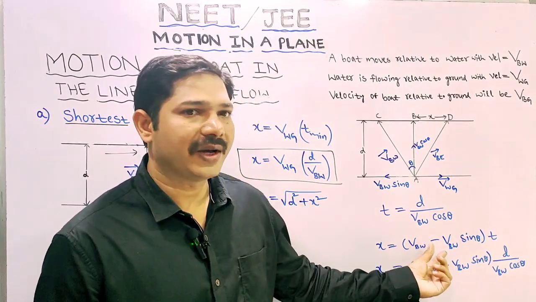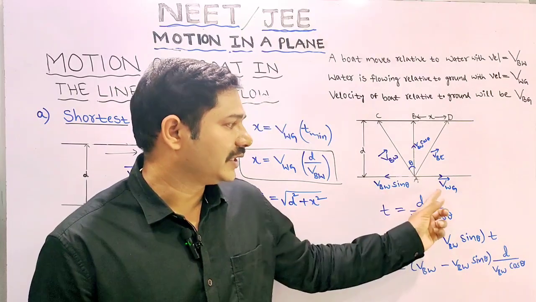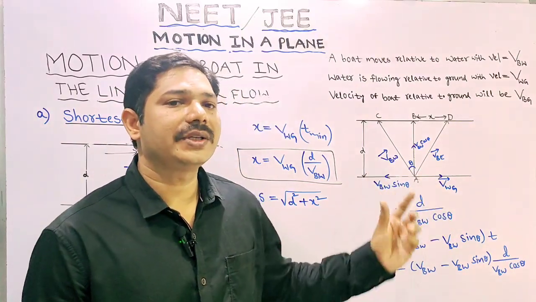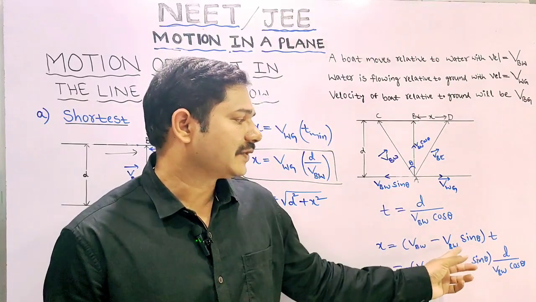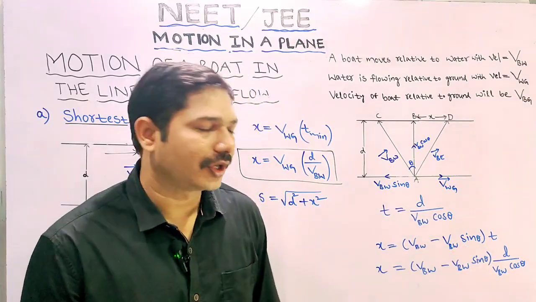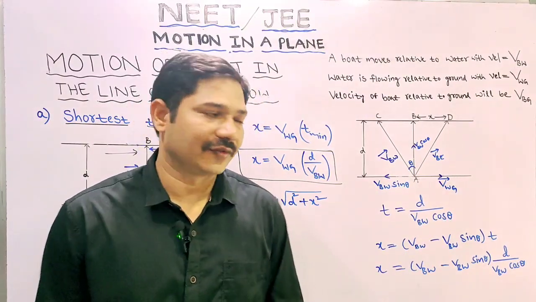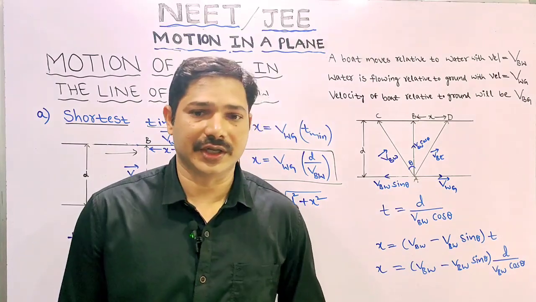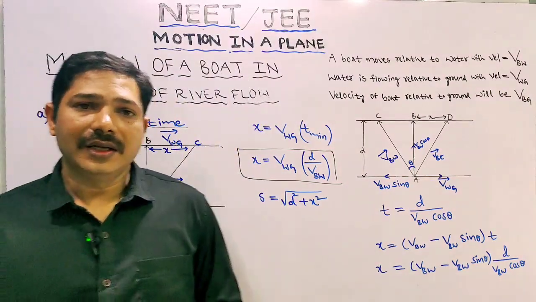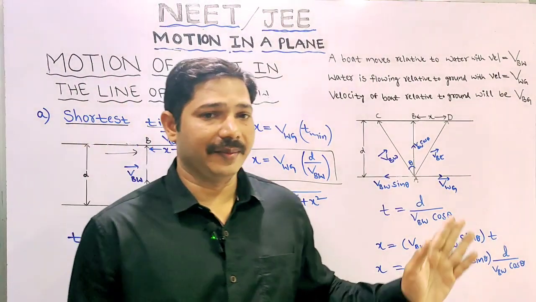Here, why did we take minus? The flow of water is vbw, but against that he aimed at a certain angle, so that is why minus vbw sin theta, into t. The t value we just got, so substitute that, and you'll get d by vbw cos theta. So these are the shortest time, the shortest path, and whatever angle he aimed.